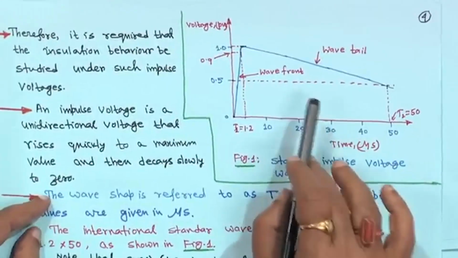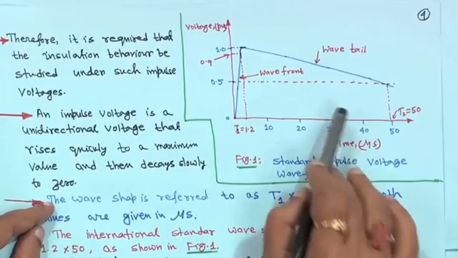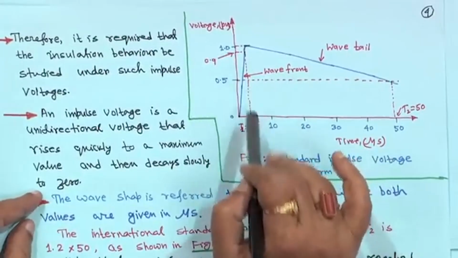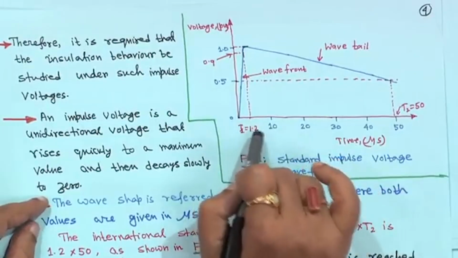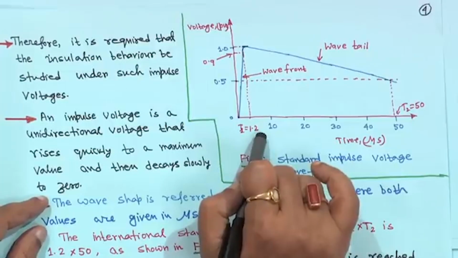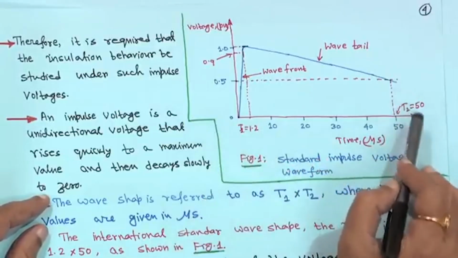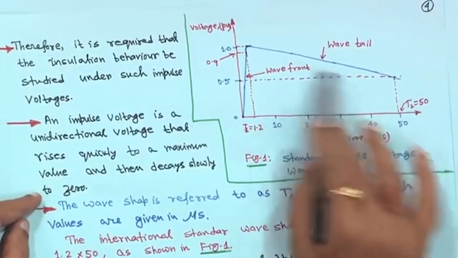But let me tell you, this is a standard case, but in reality it does not always happen. I have seen in such tests that it may not be 1.2 microseconds, it may be 1.3 or 1.4. Also the tail time cannot always be 50 microseconds, it also changes, but this is a special case.